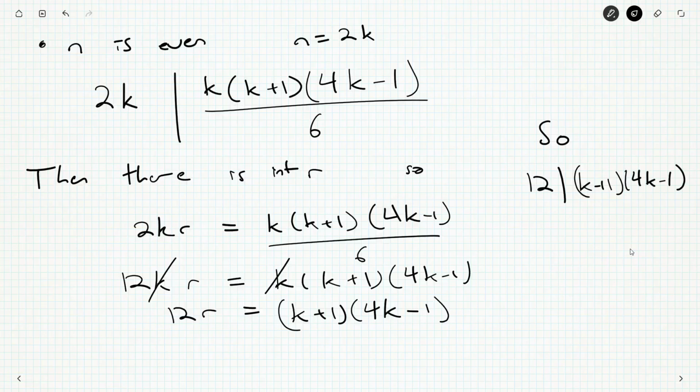I feel like it shouldn't be immediately possible because we didn't have any f of n's that were multiples of n. Okay. But as long as I can get 12 to divide this, then we're all set.